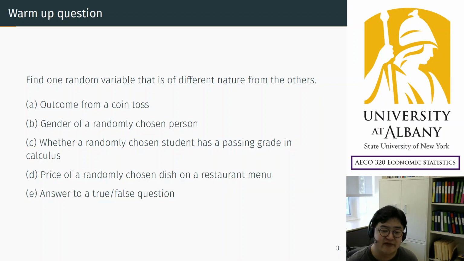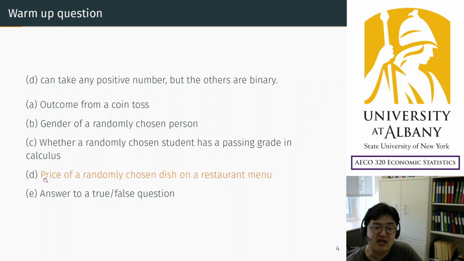D, price of a randomly chosen dish on a restaurant menu. And E, answer to a true-false question in an exam, right? Think about the similarities and differences among these random variables. It's just brainstorming. The answer is D.